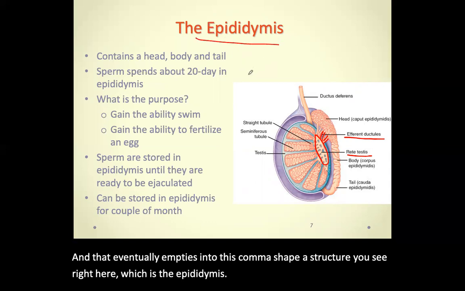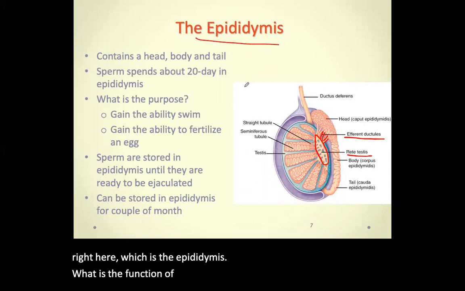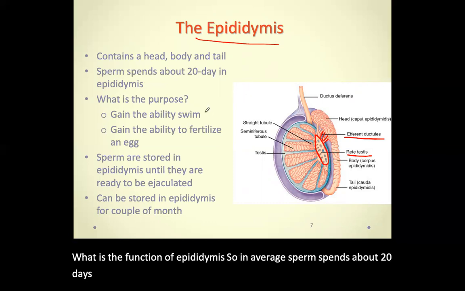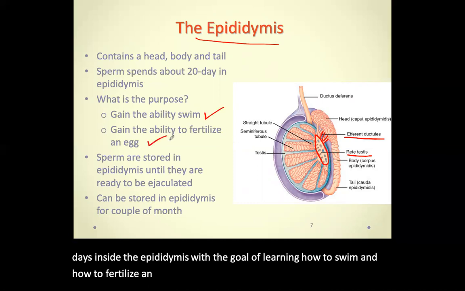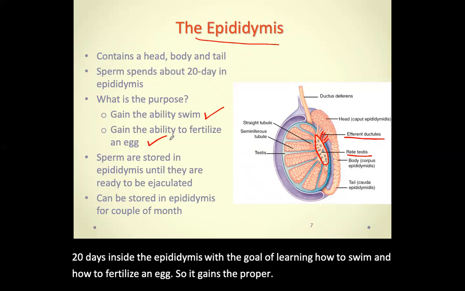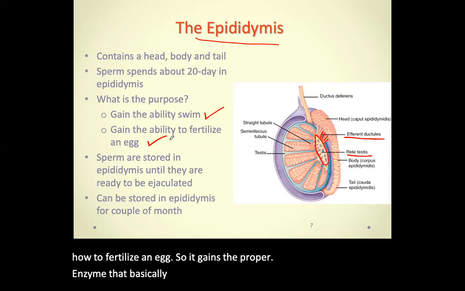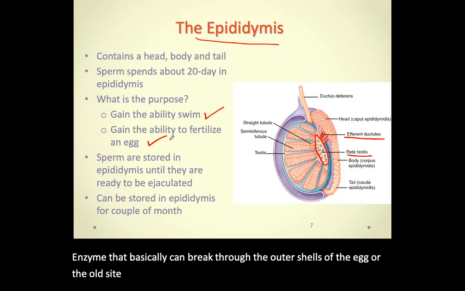So what is the function of epididymis? On average, a sperm spends about 20 days inside the epididymis with the goal of learning how to swim and how to fertilize an egg. So it gains the proper enzyme that basically can break through the outer shells of the egg or the oocyte and be able to fertilize the egg effectively.